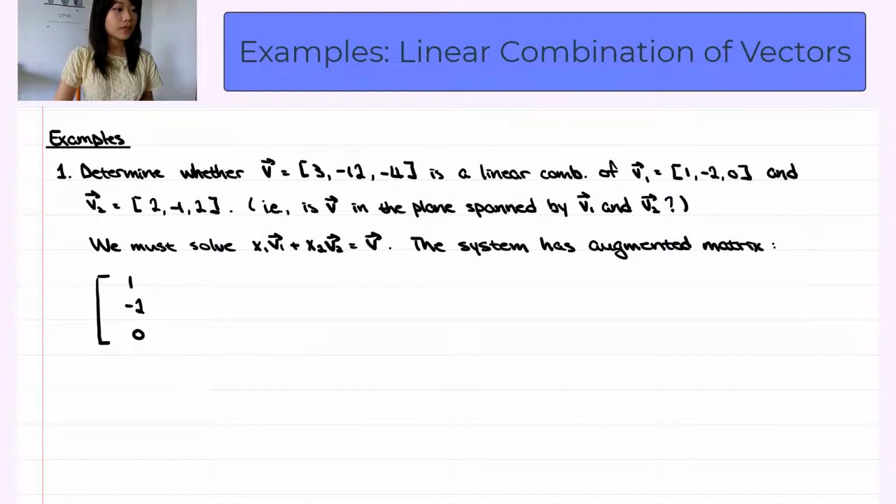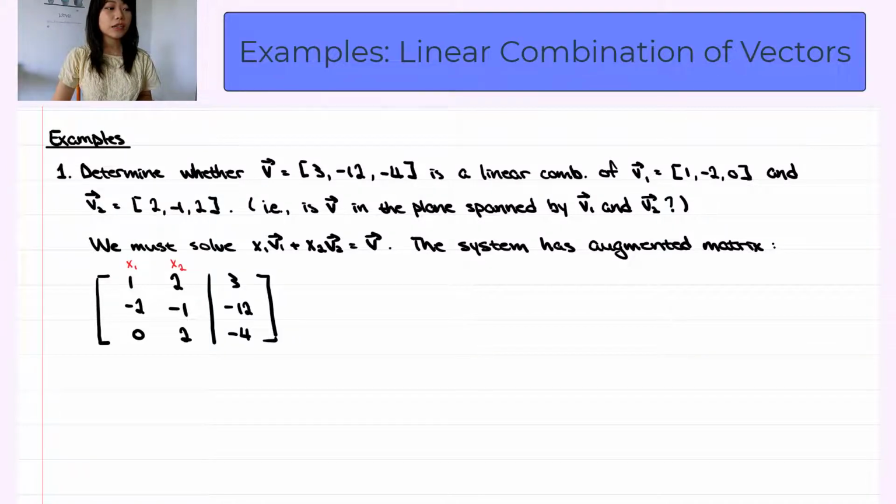The second column is b2: 2, negative 1, and 2. And on the right, we have the vector b: 3, negative 12, and negative 4. The first column is multiplied by x1, the second column is multiplied by x2.